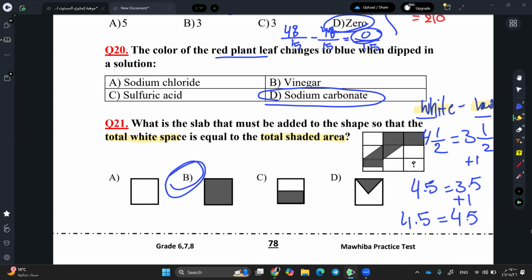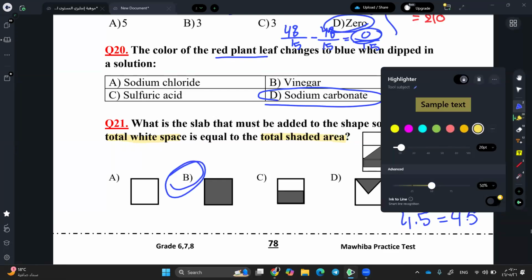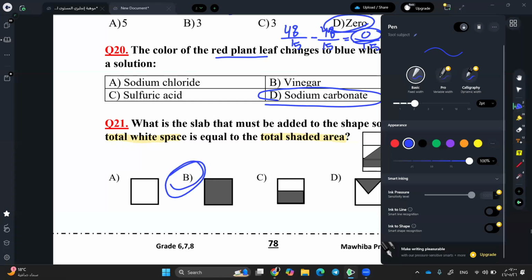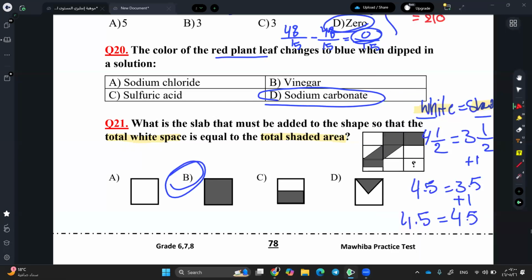So first, you're going to count the shaded area, right? So here's 1. Okay, let me change the color. So here first you have 1, 2, and here the half and half, it's going to be 3, and here's a half. So 3 and a half.